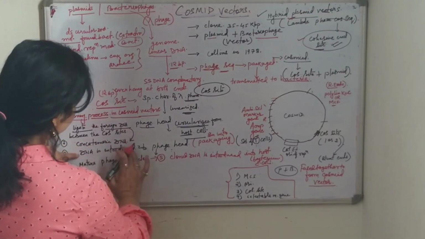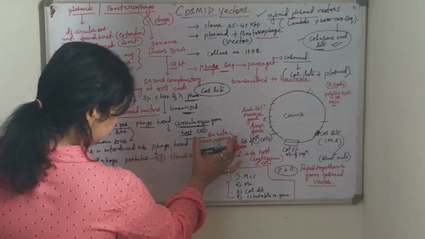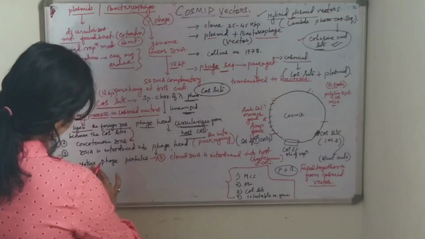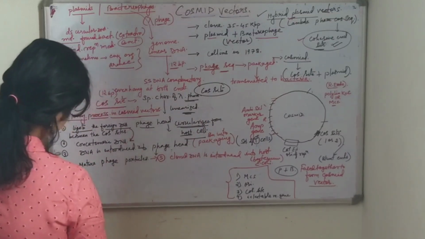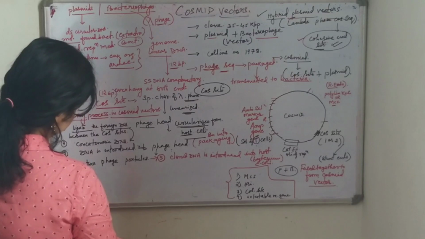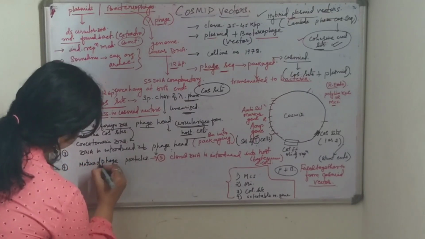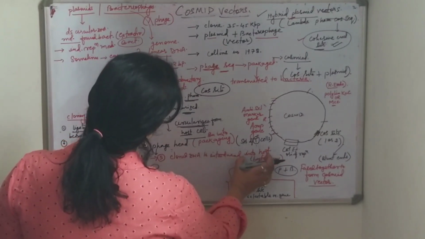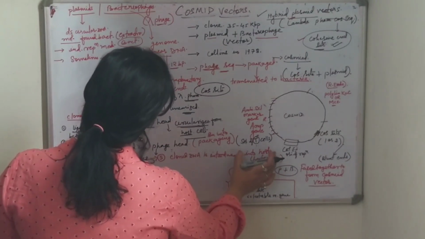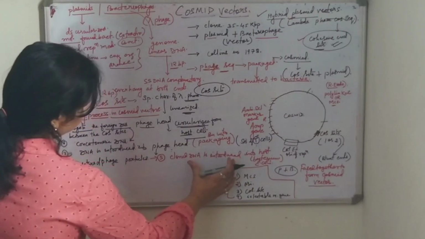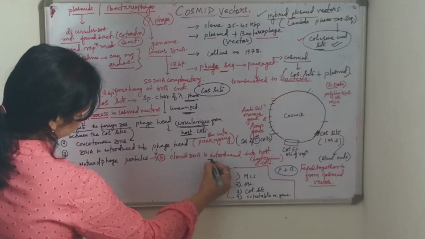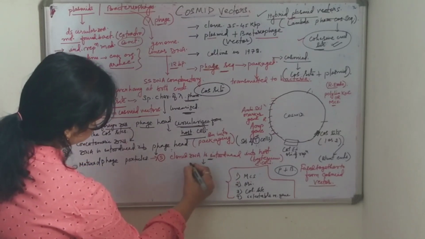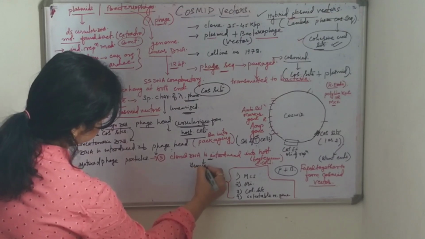After that, DNA is introduced into the phage's head, known as in vitro packaging, and then mature phage particles are formed. And the cloned DNA is introduced into the E. coli bacterium, which is the host. Okay. And how is this introduction done? By the transduction process.